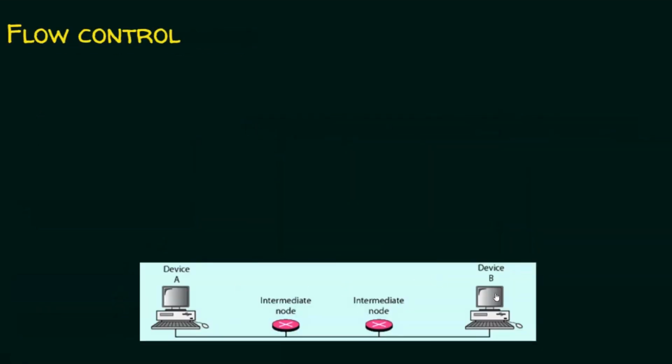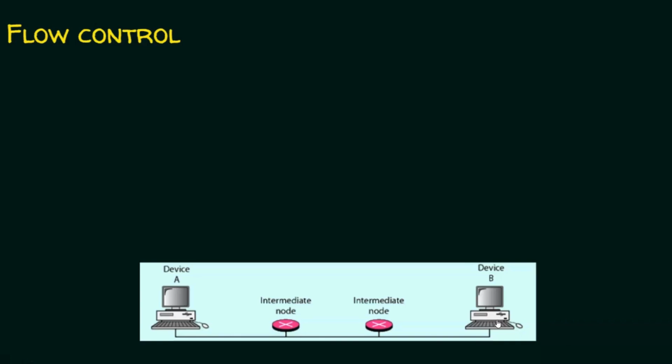Suppose we have a device A and another device B, and the two devices are going to communicate with each other. Let's suppose device A is sending data frames at very high speed, but device B is not able to handle that much speed.